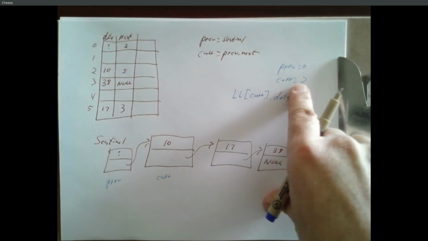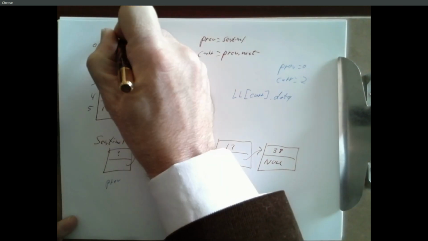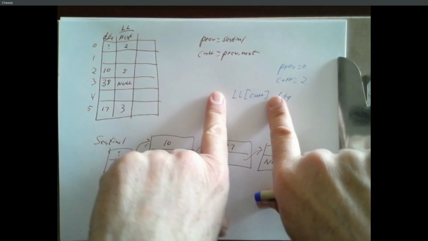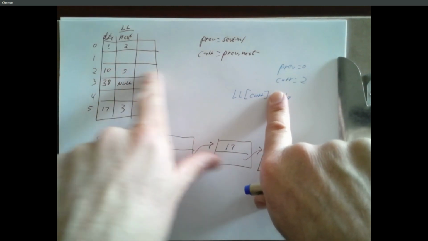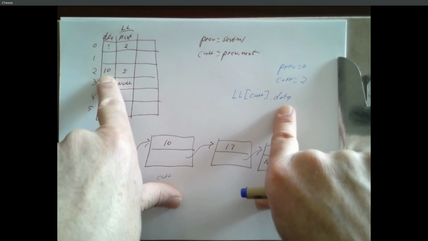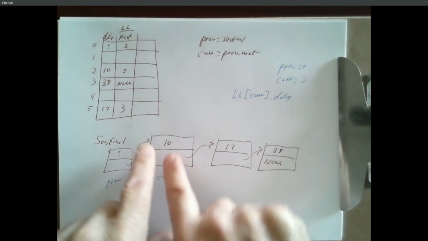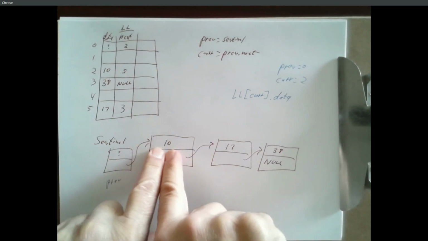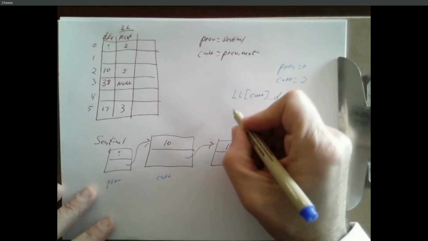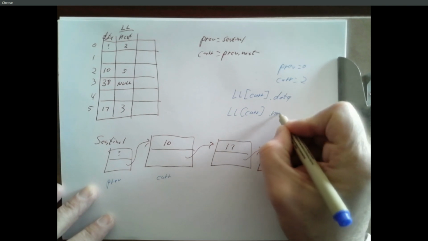Because current is the index in the array, assuming this array is called LL. So we find that element, that's LL bracket current, that's this, and we pick off the data field, that'll give us 10. But logically, current is 2, right? It's this node. We want the data field of this node, that 10. And if we want to find the next field, it's LL bracket current dot next.